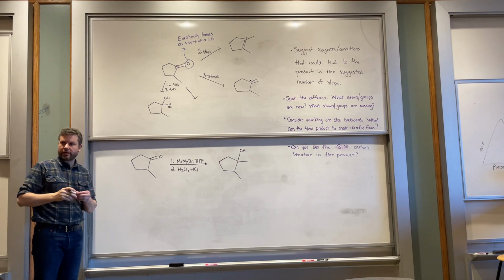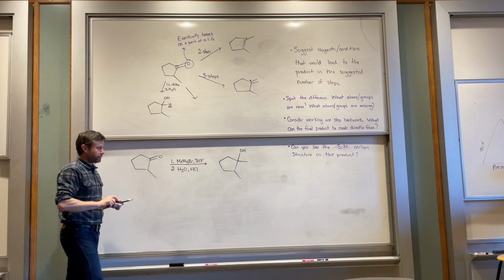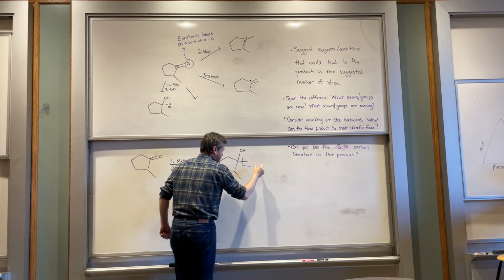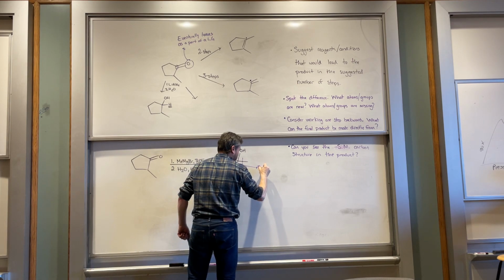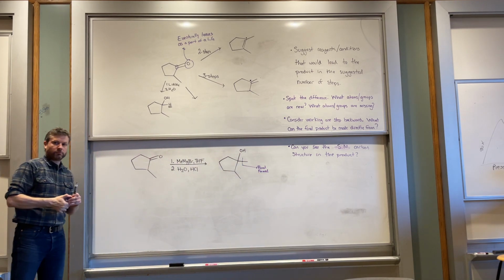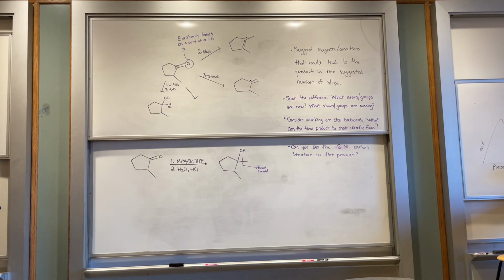Okay, and that's going to get us to the ring with two methyl groups on it. Right, so this is going to be the same for both reactions. This is how both of the syntheses will begin.